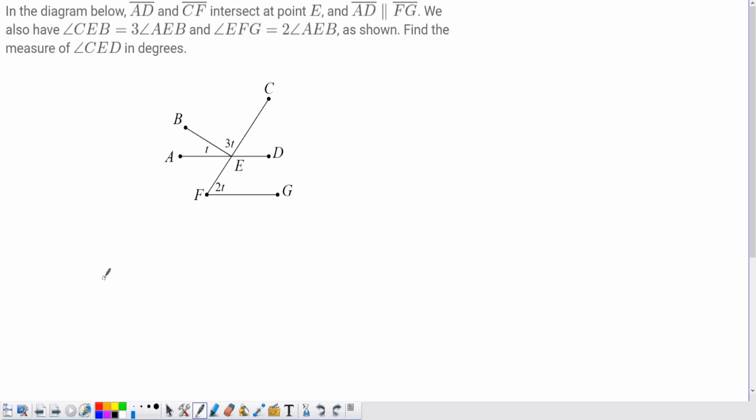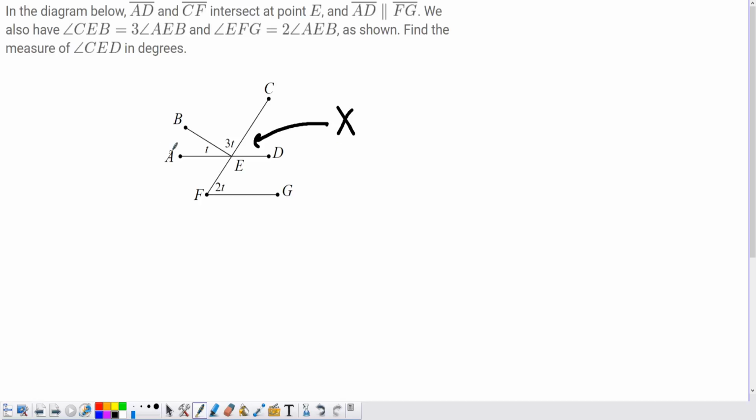Find the measure of CED in degrees. So, this is what I want right there, my X. And notice it's asking for something very specific, in degrees. So there should be some precise measure that I should get.